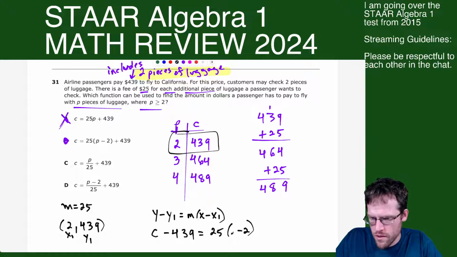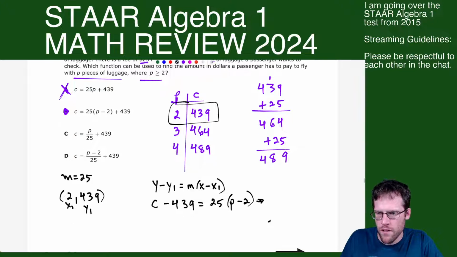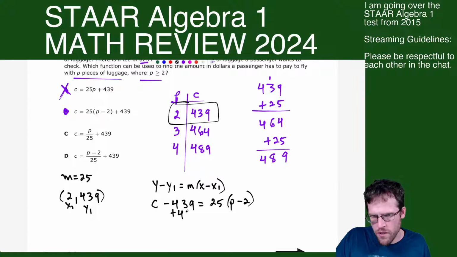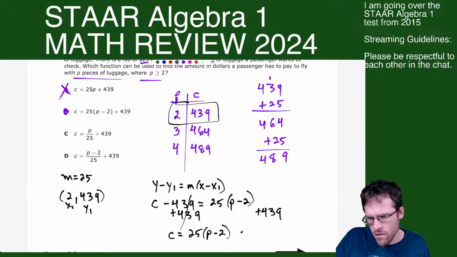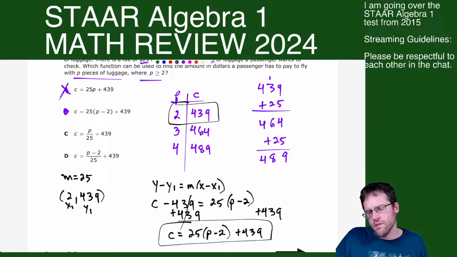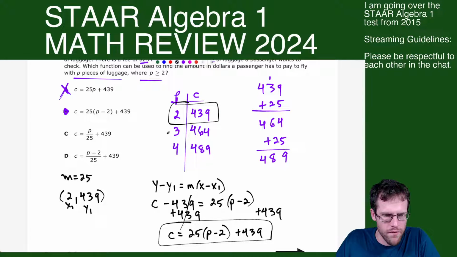That's the only difference here. But now when I solve, I'll just write it down here. I'm going to go plus 439 on each side. And you see what this does? It gives us c equals 25 times p minus 2 plus 439. So the way you dodge this bear trap of the p minus 2 is just write the equation of the line and you're golden.